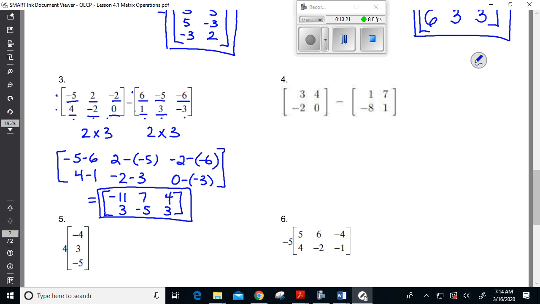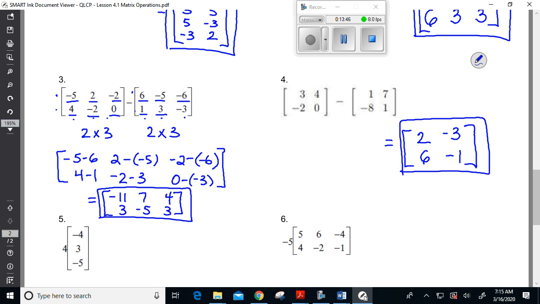So in the case of example 4, again, I won't do it for you, but here are the answers that you should get if you did it correctly yourself. Those answers end up being 2, 6, -3, -1. All set up and ready to go.